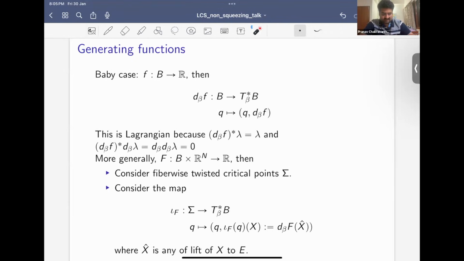So if you consider the simplest case of just a function from a compact manifold to R, and you look at the twisted differential, you can think of the twisted differential as sitting inside the twisted cotangent bundle. And in fact, this turns out to be Lagrangian because of the tautological property of lambda.